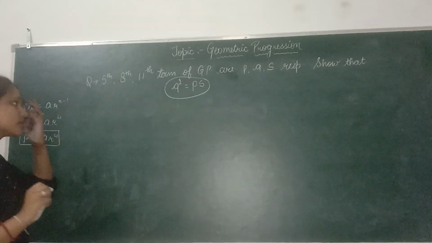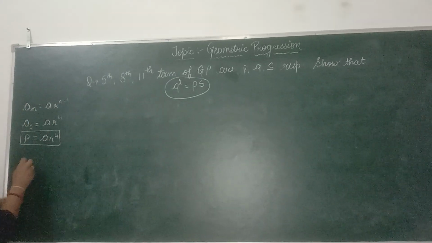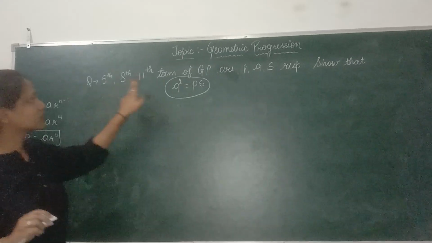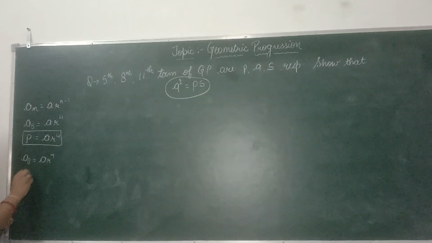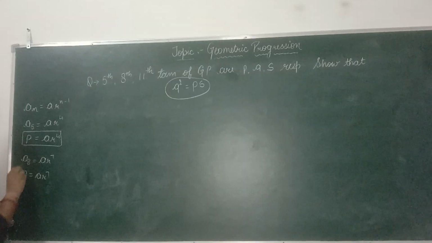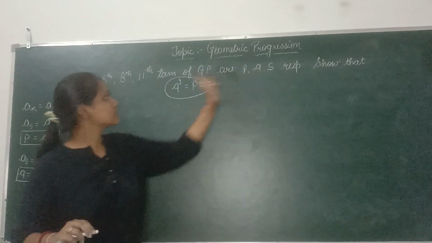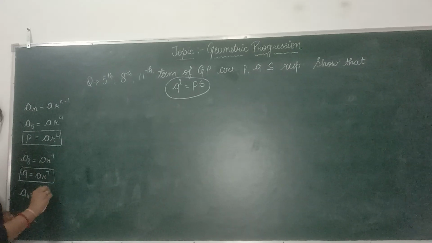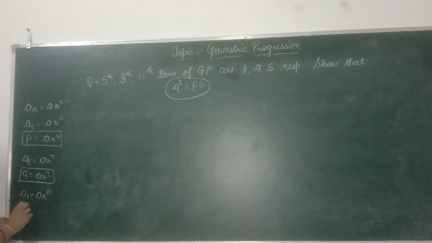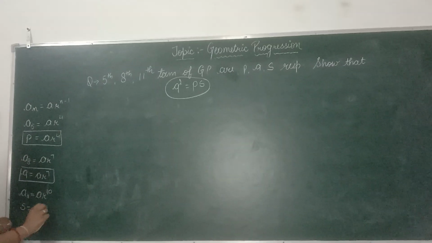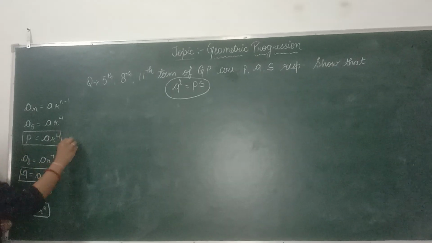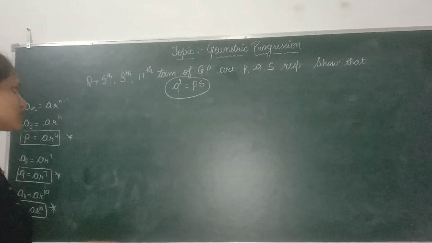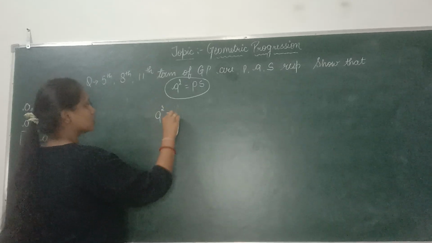Similarly, the 8th term is A R power 7 and it is Q, so Q is equal to A R power 7. The 11th term is A R power 10, and it is S, so S is equal to A R power 10. I am marking these with a star. By using these three equations we can solve this question. The relation to prove is Q square is equal to PS.